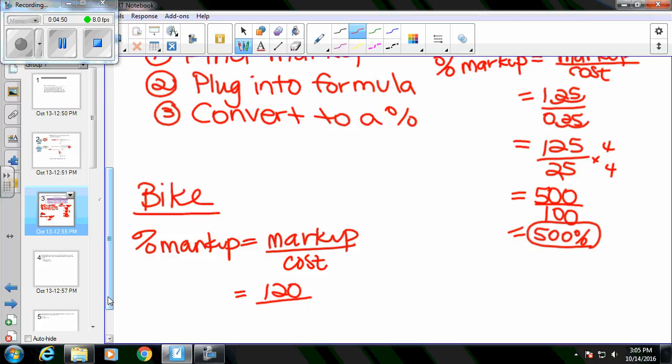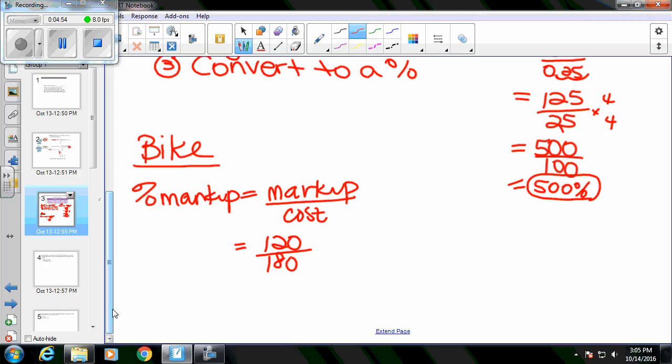And the cost was 180. When I simplify that, it's 2/3. You should be familiar with knowing 2/3 is 67%. If you weren't, do 2 divided by 3, you get 0.6666 repeating, which is 67%.